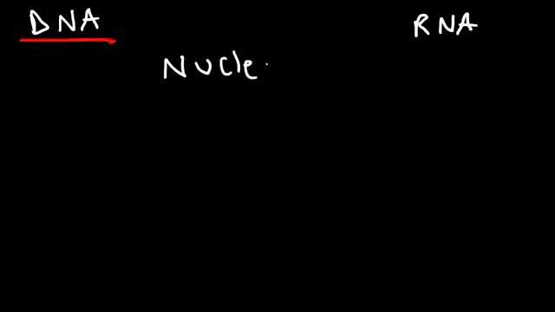DNA and RNA are both polymers. Now you might be wondering, what exactly is a polymer? A polymer is basically a long molecule made up of tiny units called monomers. And the monomers that make up DNA and RNA are known as nucleotides. Now there are different types of nucleotides, but they all have three basic parts.